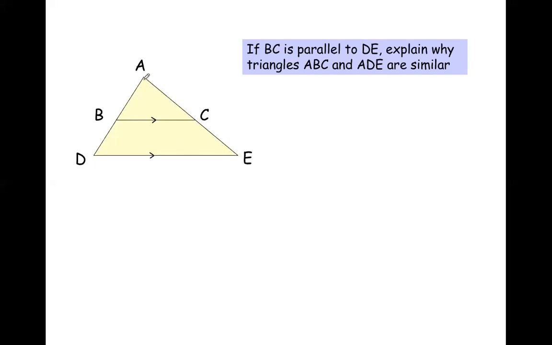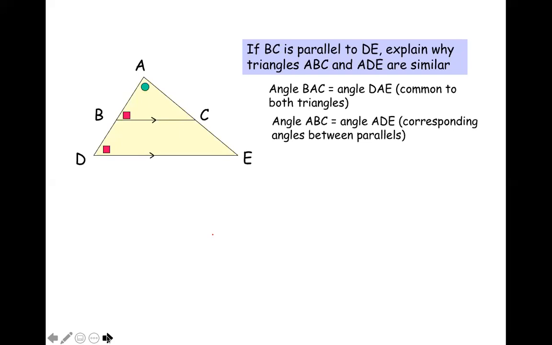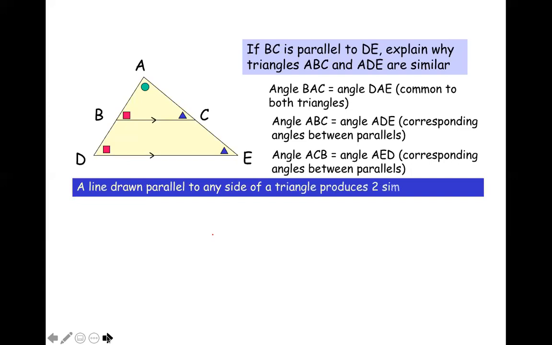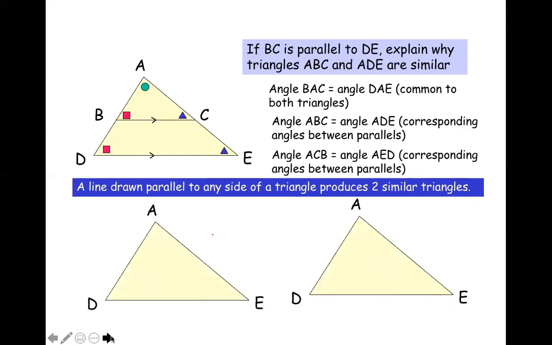And that angle is always the same. Okay? So angle BAC equals angle DAE, and using corresponding angles with the F shape there, we can see that they're all equal. So a line drawn parallel to any side of a triangle will always produce two similar triangles.